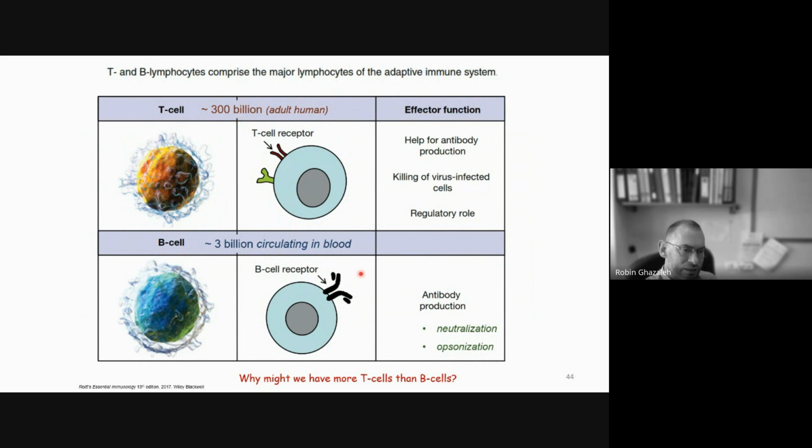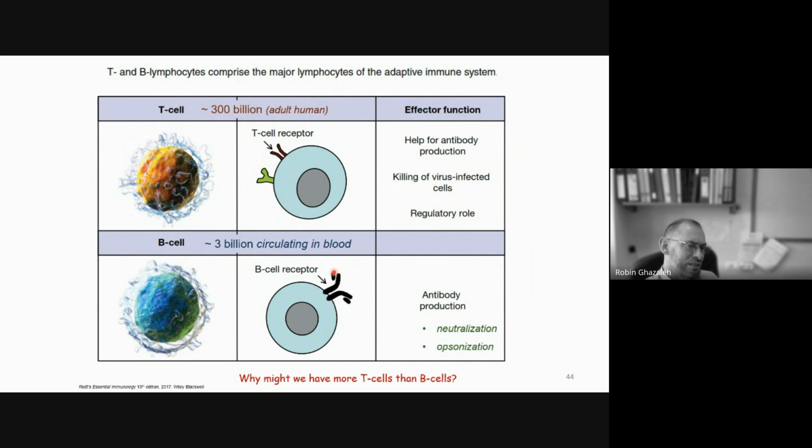Once a B cell recognizes an antigen, then that B cell becomes activated. There's clonal expansion, and it can form either plasma cells that release tons of antibody or memory cells that will maintain the ability to respond quickly and powerfully in a future infection.